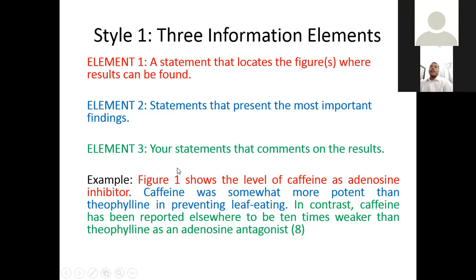Okay, and then the second element should be a statement that presents the most important findings. Basically, we start from the most significant. What is the most significant? Okay, and then you describe the least significant.